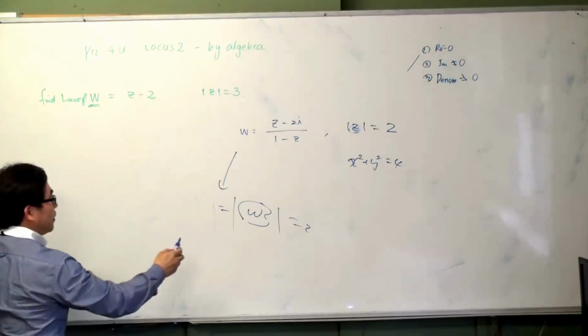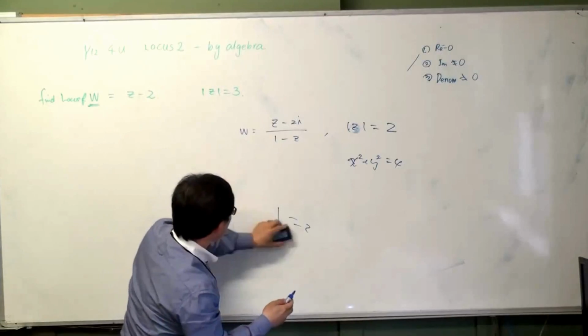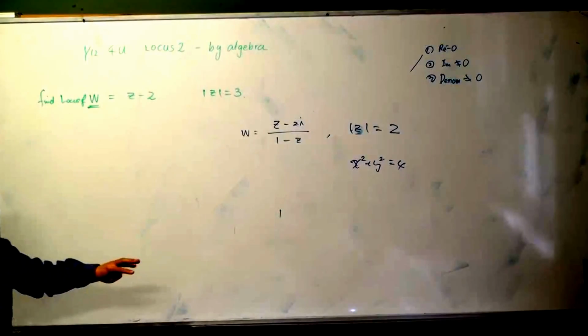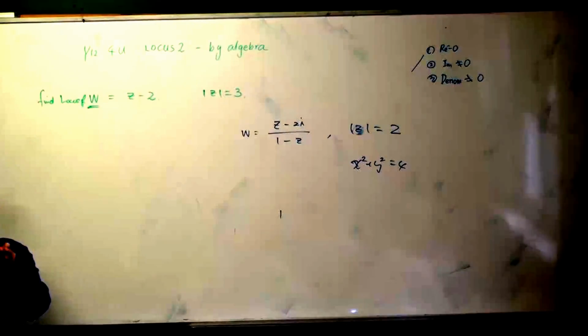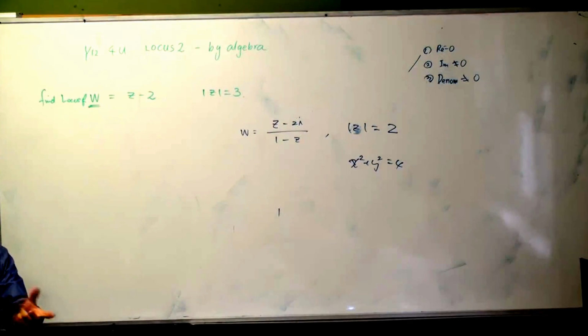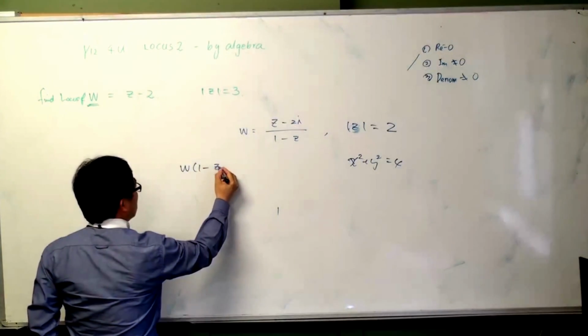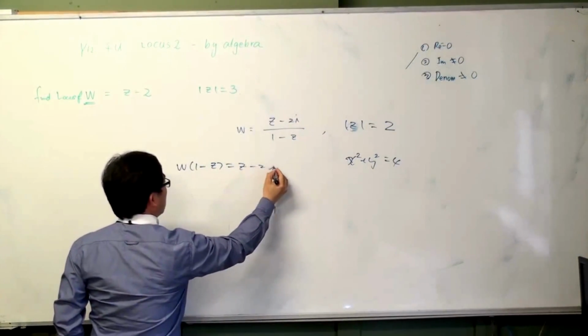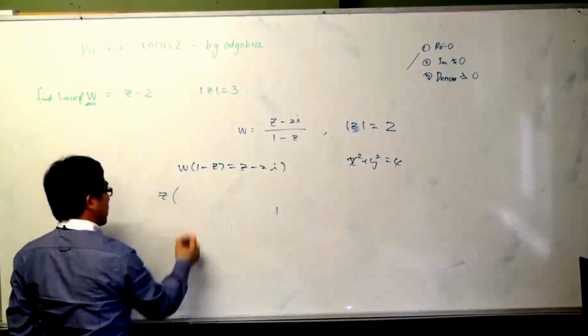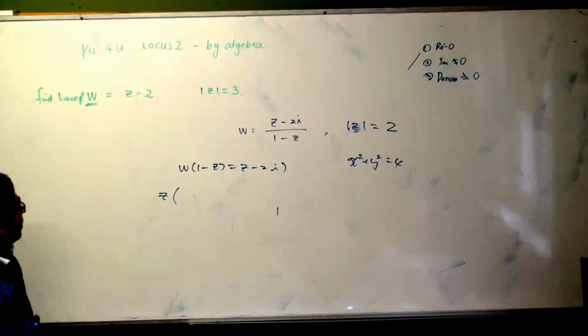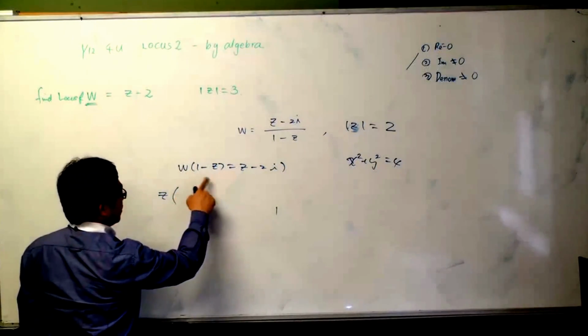So rearrange it. That means you have to collect all the z terms and factorize for z. So w(1 minus z) equals z minus 2i. Okay, we collect for z. Where is z?